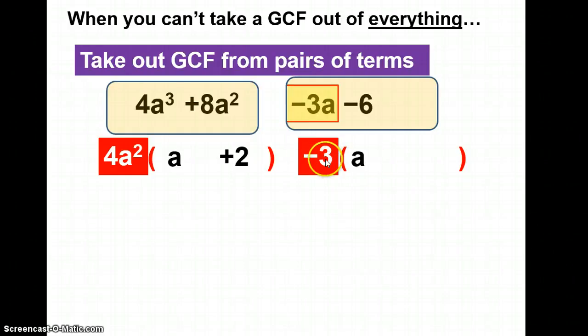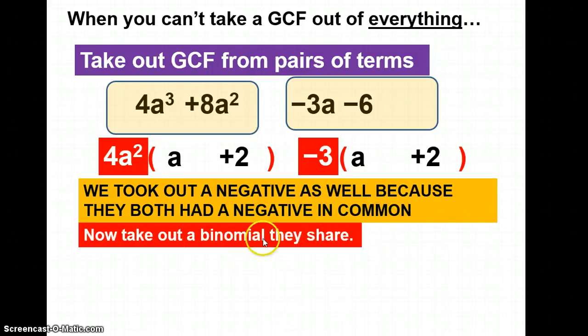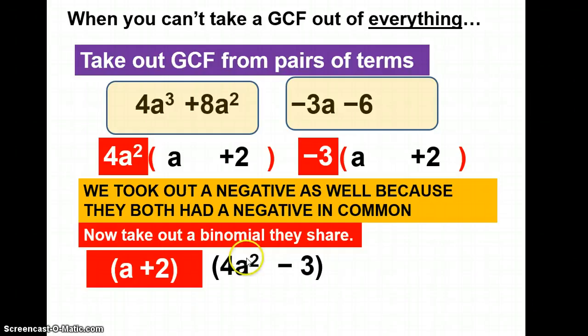Okay, and if I divide a negative 3 by this, what will I get here? Positive 2. So again, I'm going to take out that binomial that they share. So we took out the negative as well because they both had a negative in common. So we'll take out the binomial that they share, and that's a plus 2 times 4a squared minus 3.